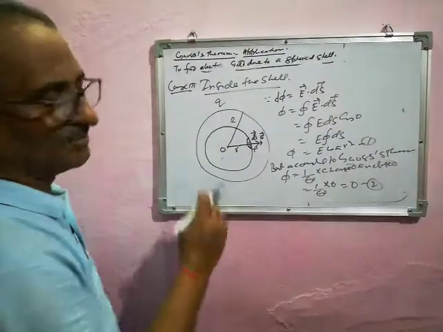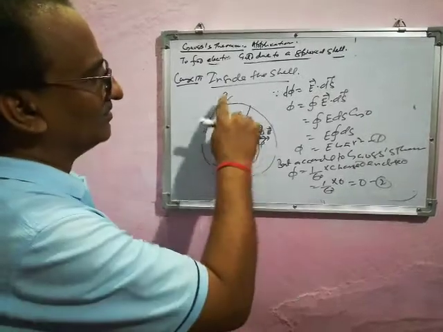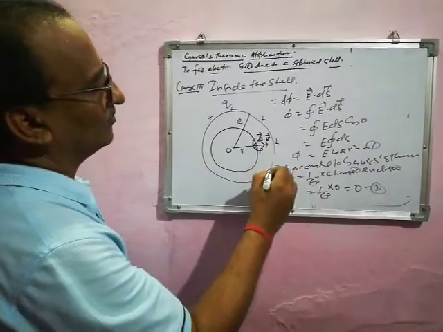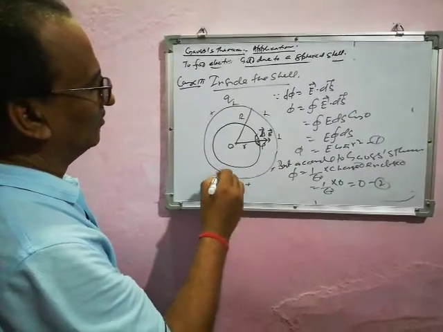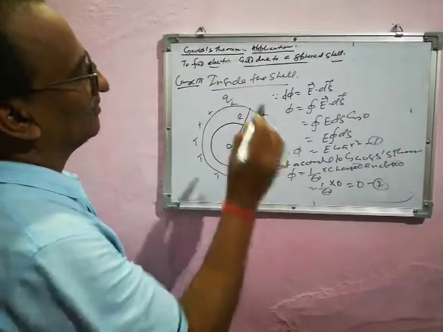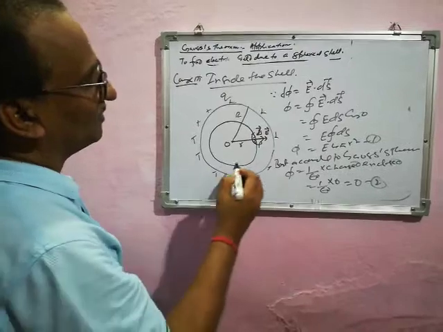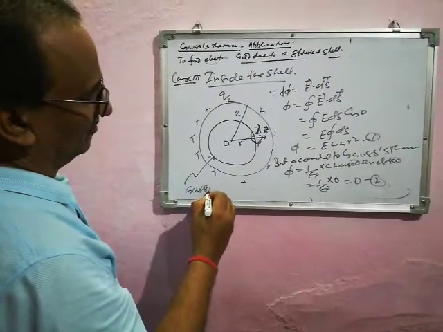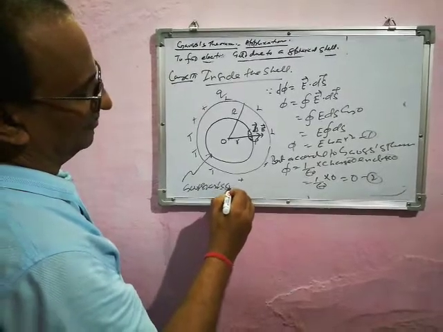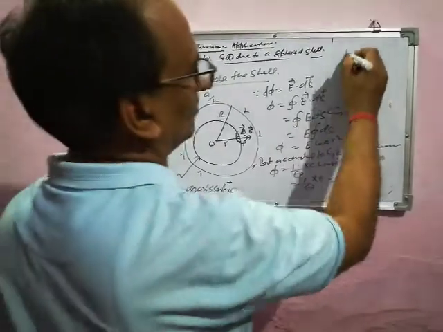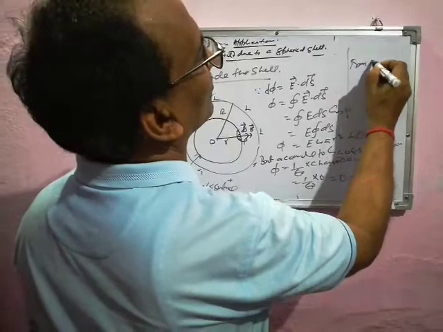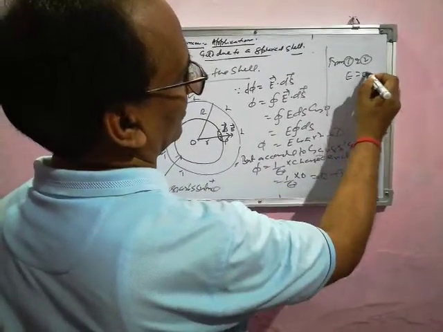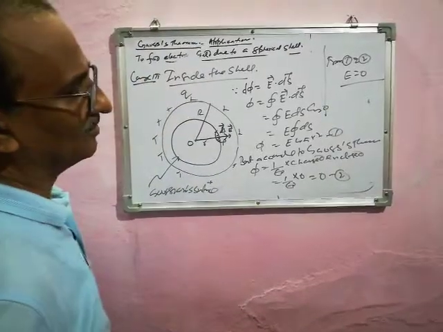Since there is no charge inside the spherical shell, charge is distributed only on the surface of the shell, the charge enclosed by this Gaussian surface is 0. So from 1 and 2, E is equal to 0. It means there is no electric field inside the spherical shell.